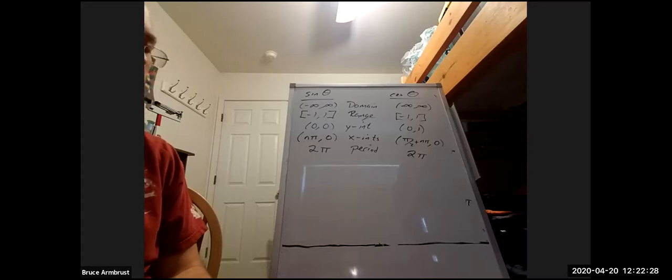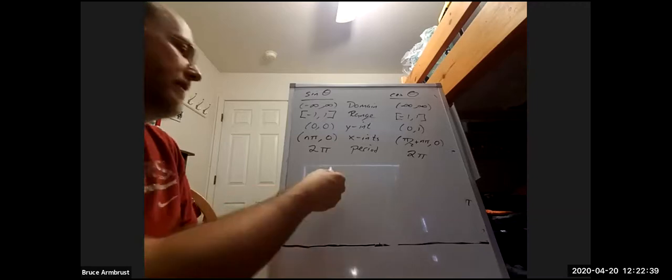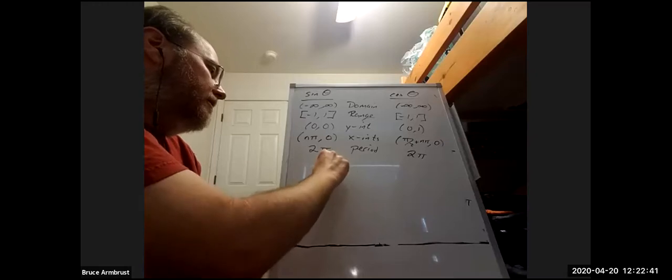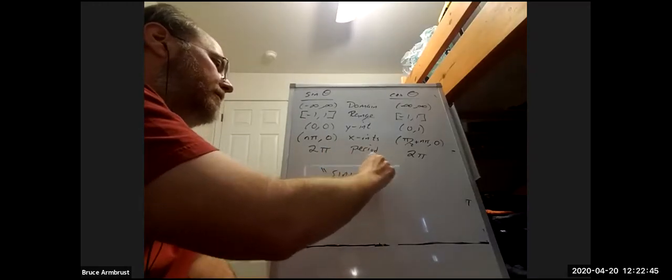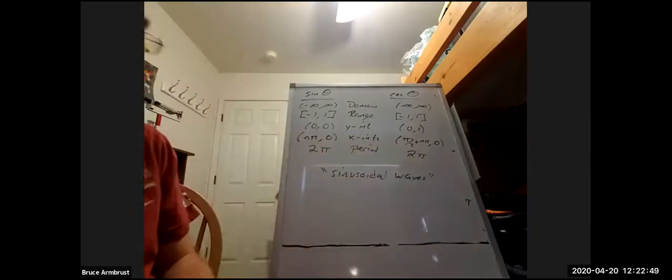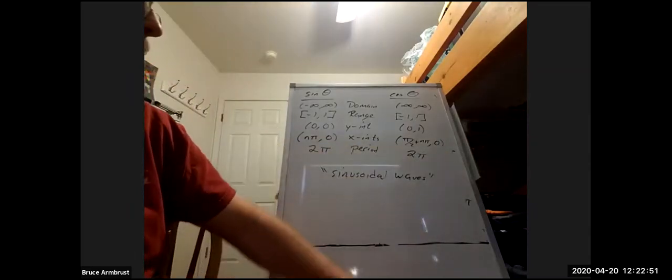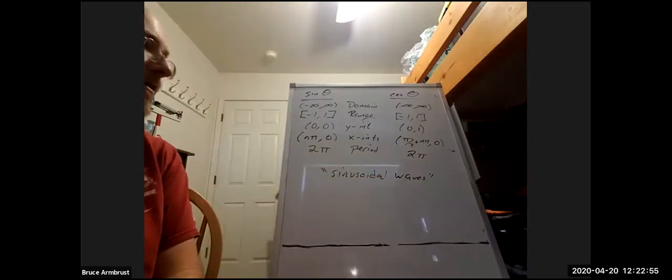Now I can tell you the name of the graph, because we like to have names for these different shapes. For example, the graph of x squared, we call that a parabola. Well, these are sinusoidal waves, or sinusoidal curves sometimes.